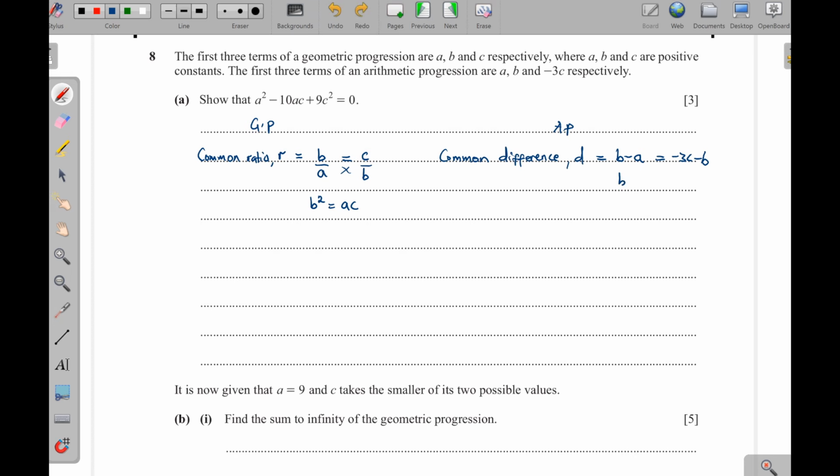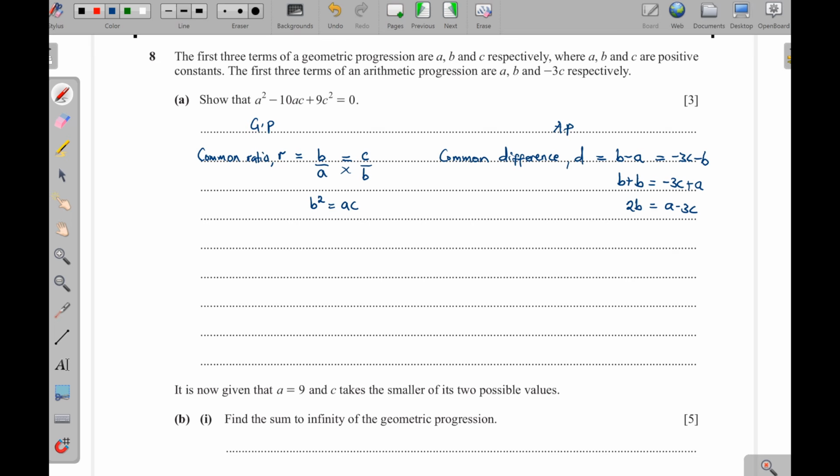You'll have b plus the other b is equal to minus 3c plus a, not so? Because when this one crosses, it becomes a minus.